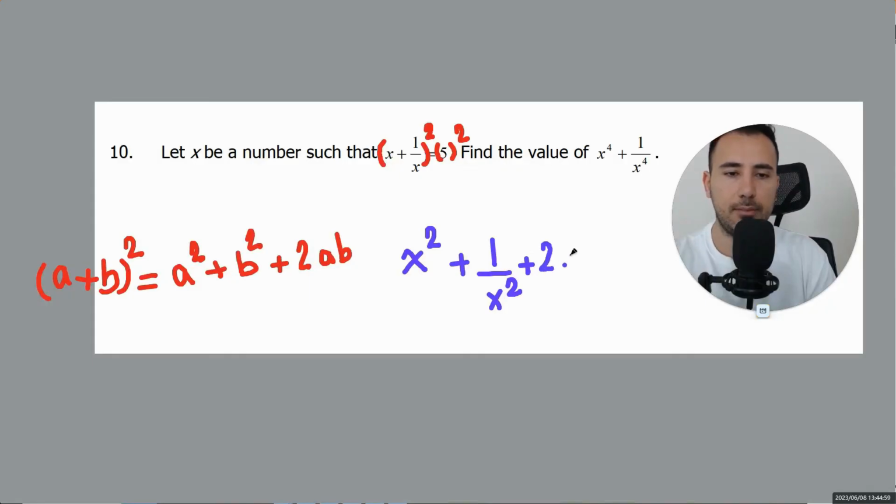Look, it's going to be x multiplied by 1 over x, which guess what? These two will be canceled. So we're going to have x squared plus 1 over x squared plus 2 equals 5 squared, which is 25. So the value of x squared plus 1 over x squared is going to be 25 minus 2, which is 23.